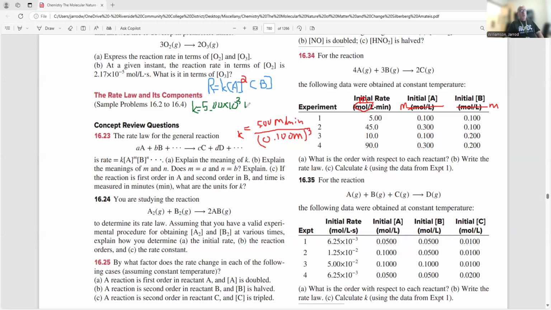That's going to be molarity to the -2 and minutes to the -1. And that's how you do number 34 without using logarithms. Okay, guys, I hope that helps.